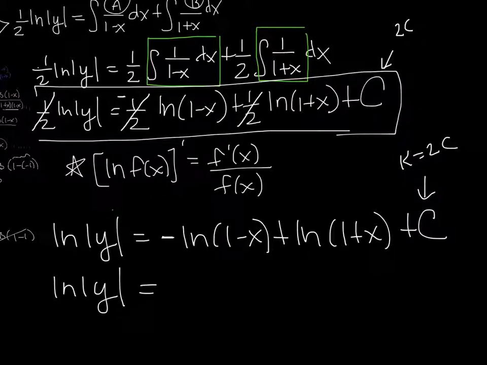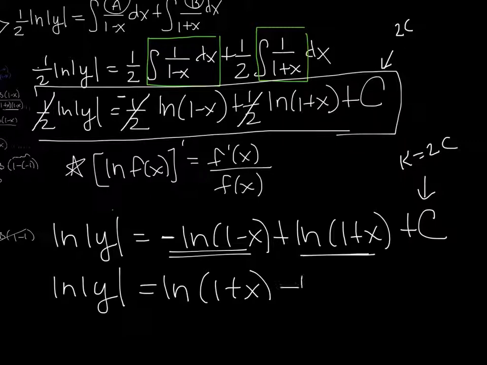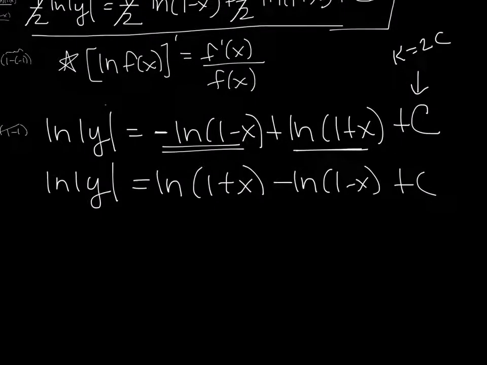So I'm going to write this guy first, and you'll see why in the next step, minus this guy. I'm just changing the order. And I'm actually going to stop right now just because it's getting too long, so I'll continue it in the next video.